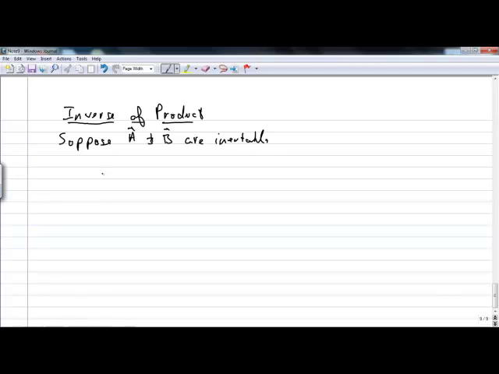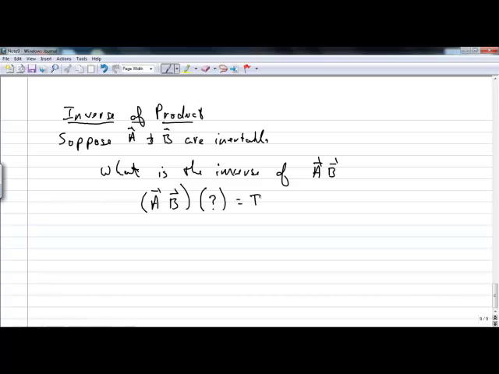And we can ask the question, what is the inverse of A times B? So we want to find something that we can multiply times AB so that the result is the identity matrix.